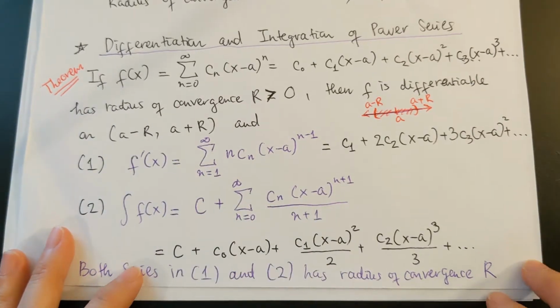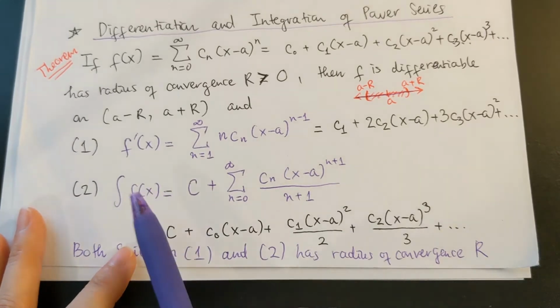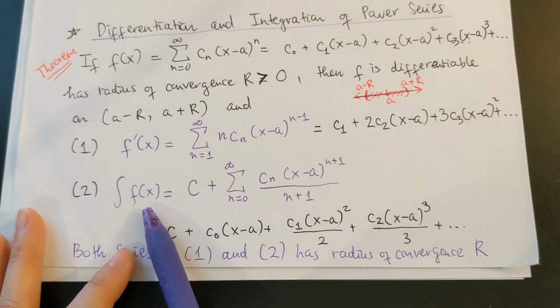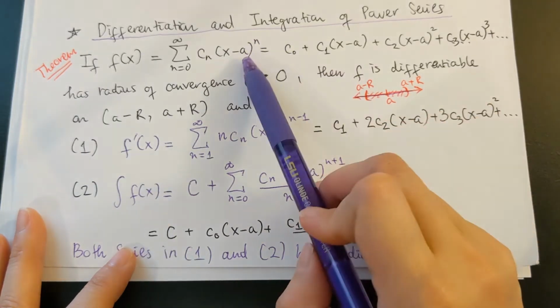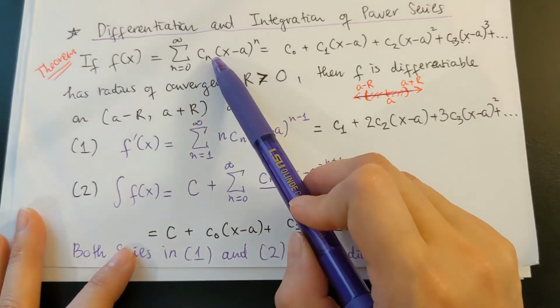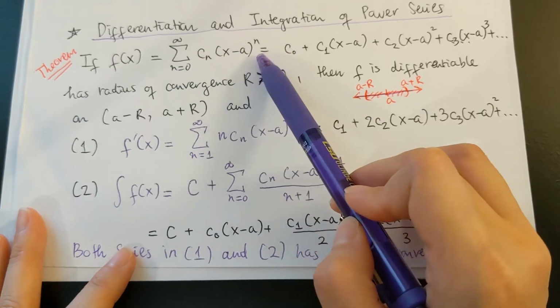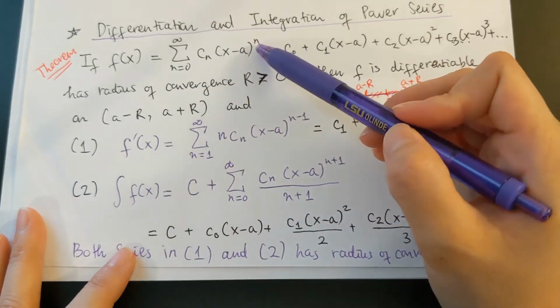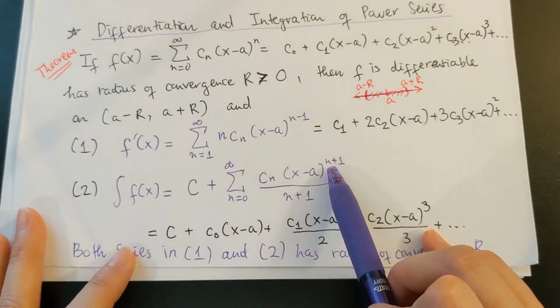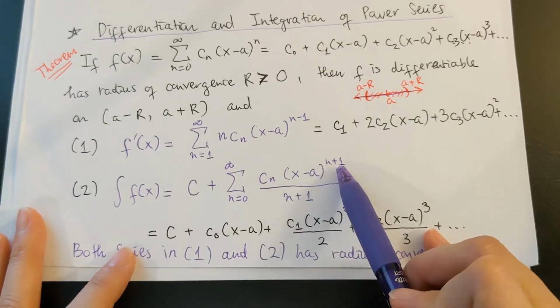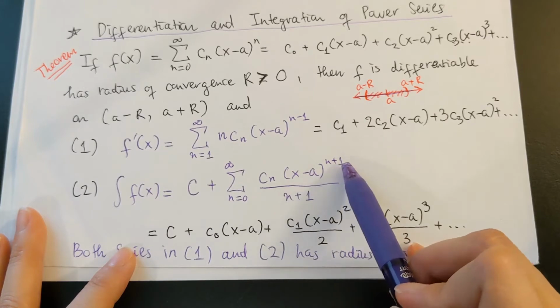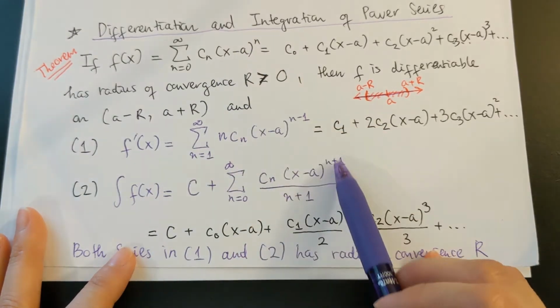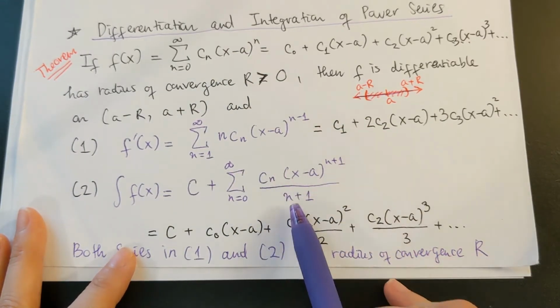In a similar fashion, you can do the same thing for the integral. I can take the integral of each term using the power rule for integrals. The power rule for integrals tells me that I need to add 1 to the power, so I have x minus a to the n plus 1, then divided by that new power, n plus 1.